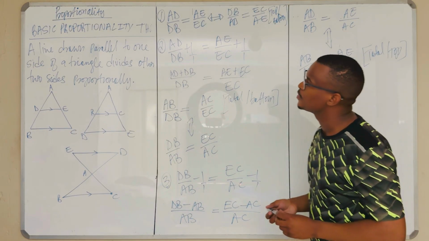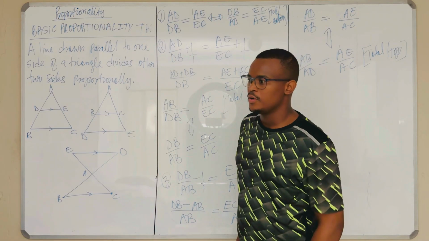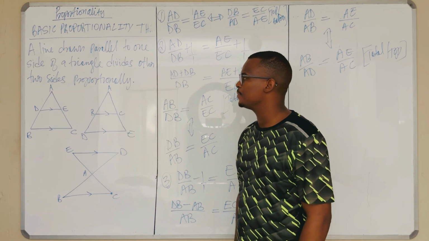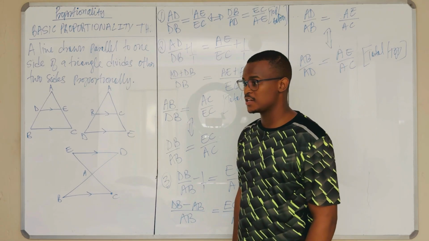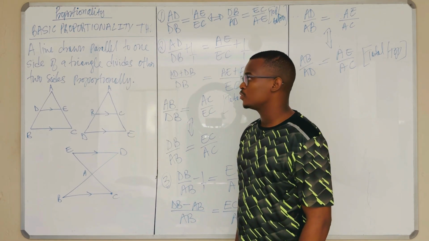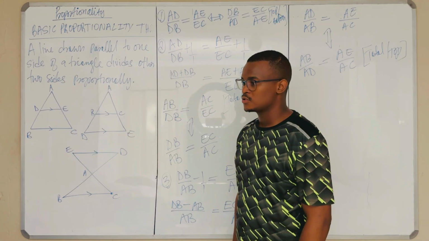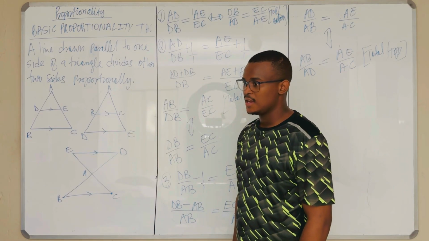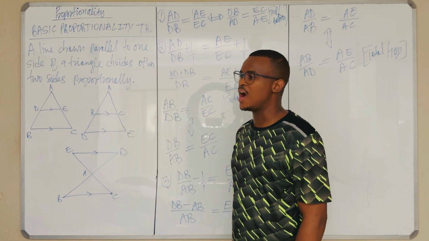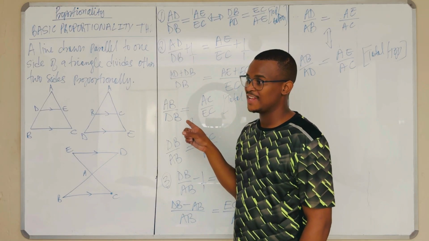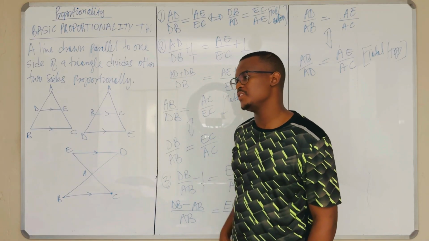So what we're left with now is the converse of the proportionality theorem. I'm not going to do it here, I'm tired. So we're going to do the converse, and its proof, and the outcomes of the proportionality theorem, and then do the examples on the next video.